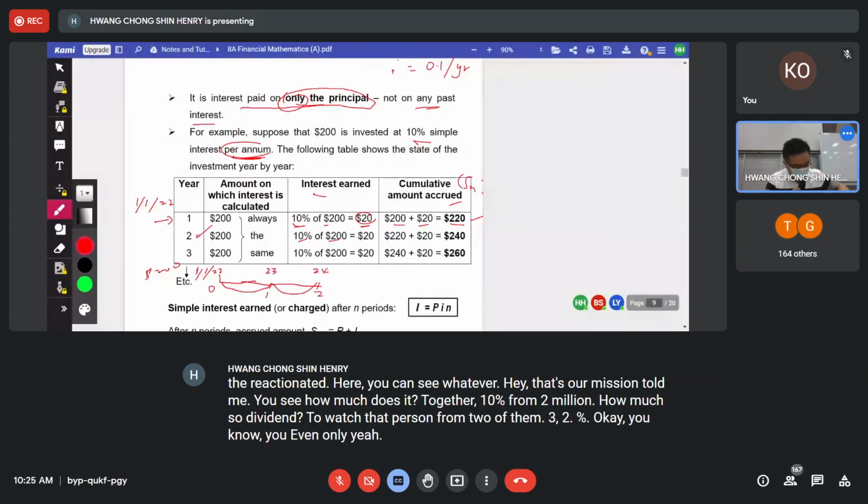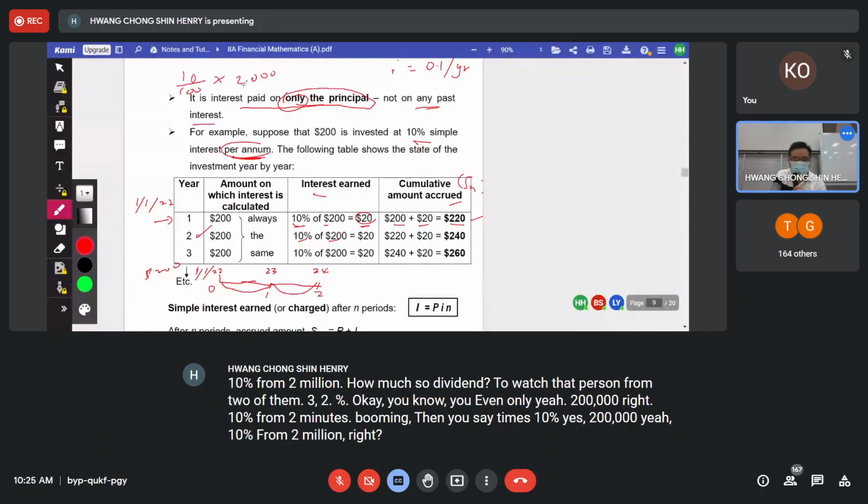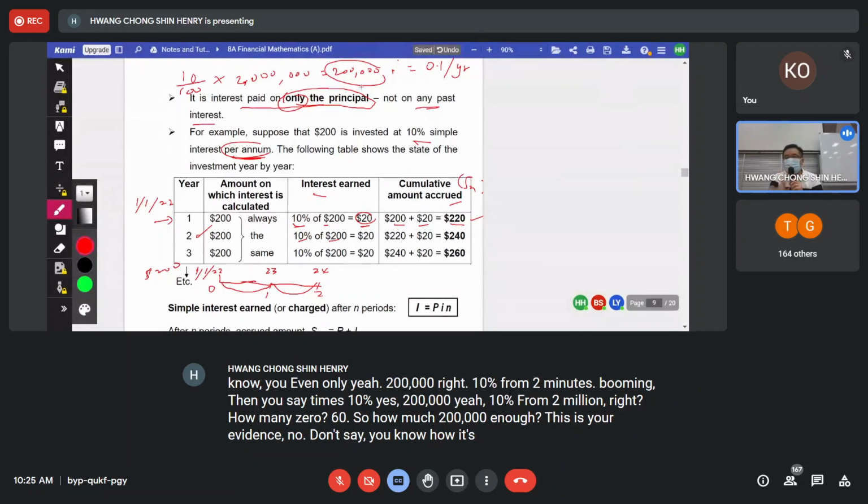Dividend only, 200,000. This is your dividend, 200,000. You know how long it takes a person to save 200,000? Try and see.